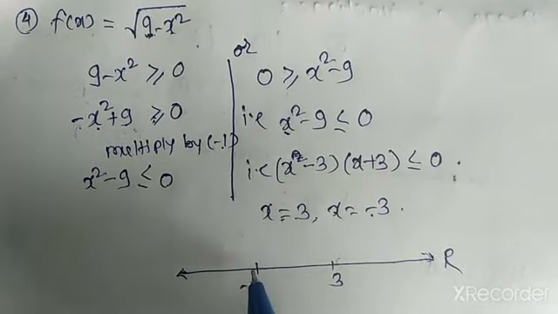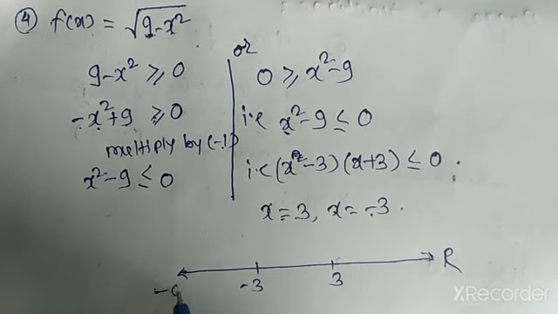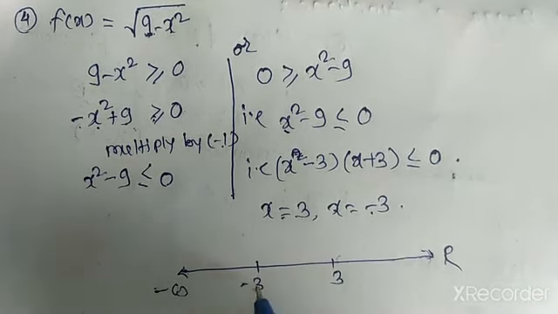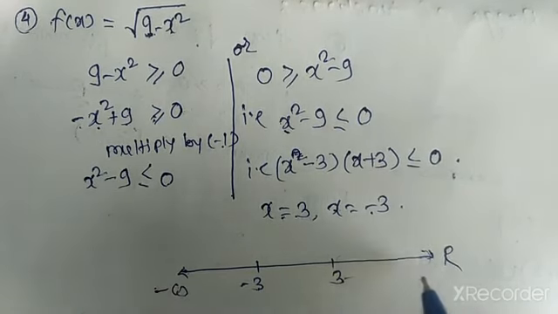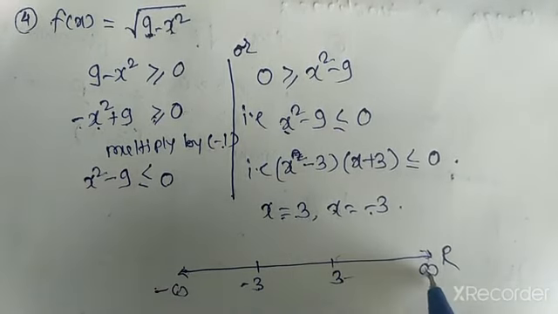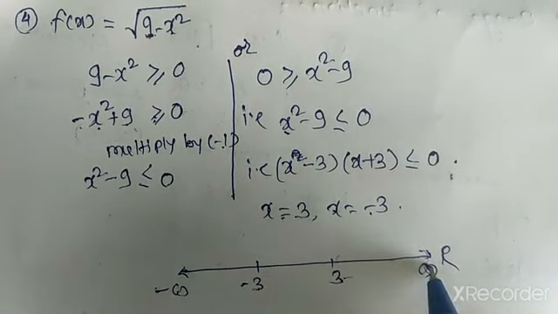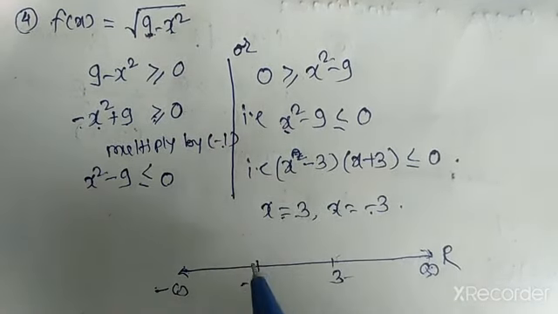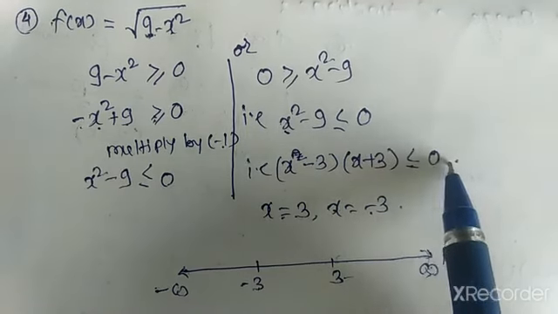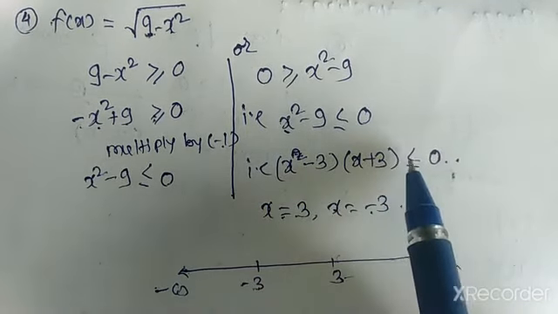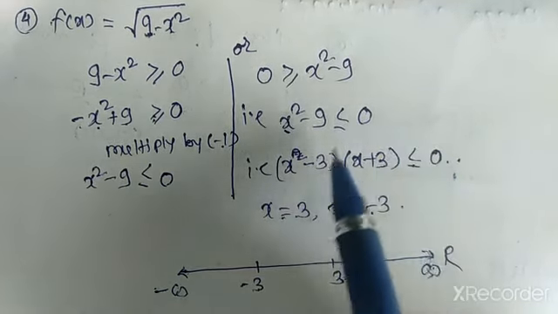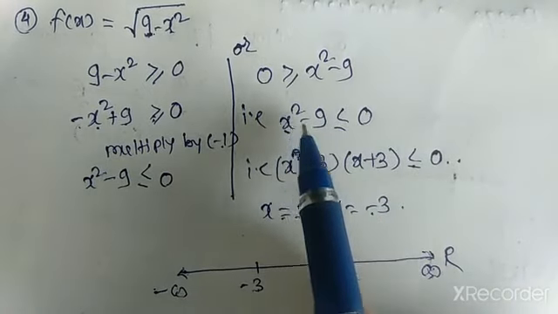There are three intervals: one from minus infinity to minus 3, second from minus 3 to 3, and third from 3 to infinity. We have to check the values in these three intervals such that x square minus 9 is less than or equal to 0.